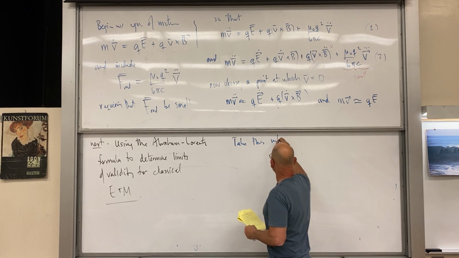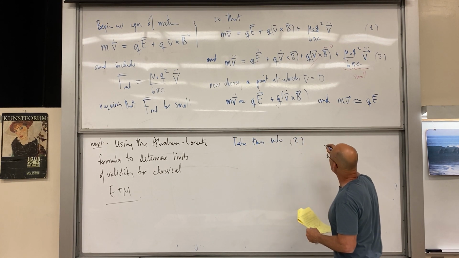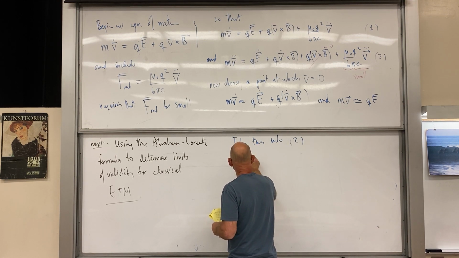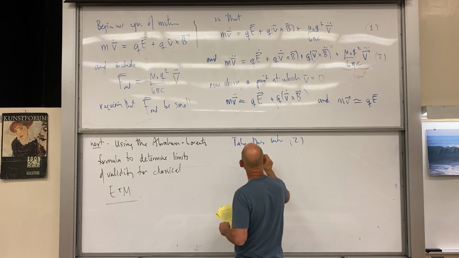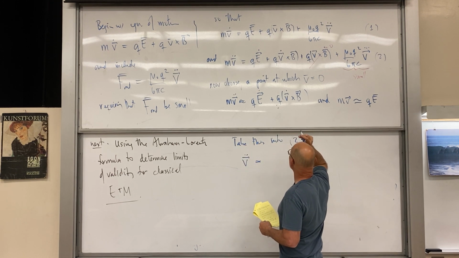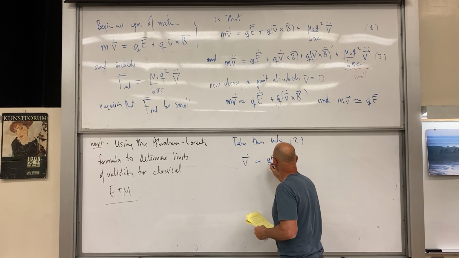So take this into equation 2 again, and divide by m. The second derivative of v is q over m E dot.